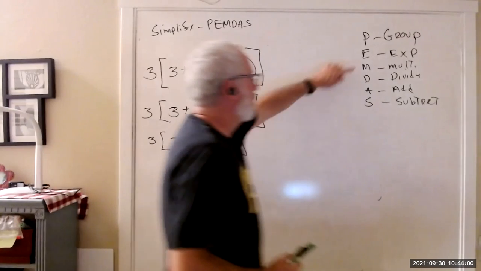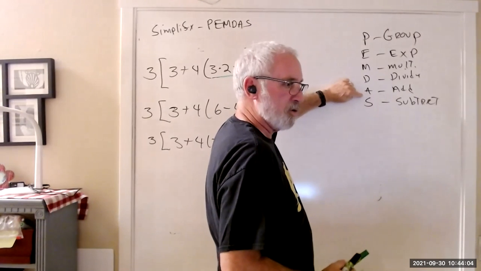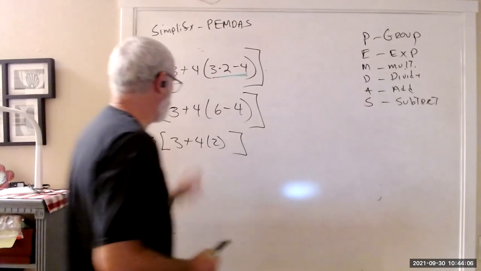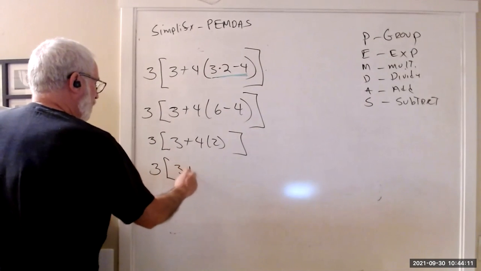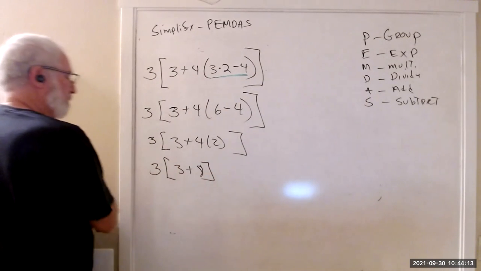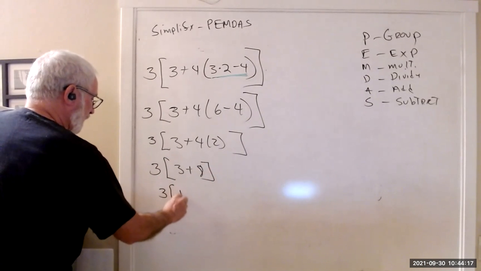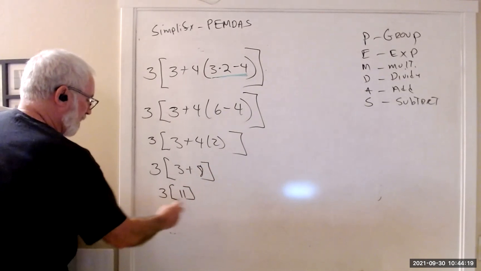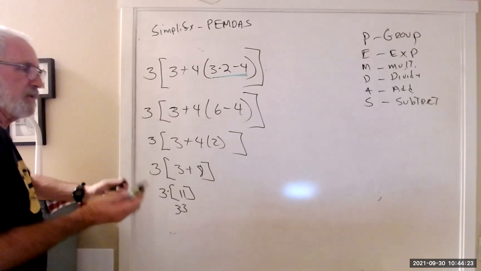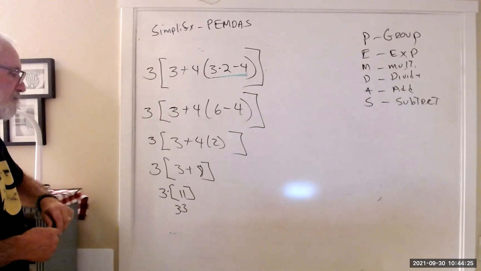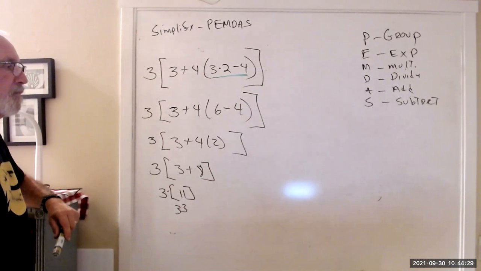And again, multiply is more powerful than addition. So I do the multiplication first. So I have 3 bracket 3 plus 8. So inside here, I go 3 bracket 11. 3 times 11 is 33. And that's it. Oh, okay. Is that okay? Yeah. Okay.